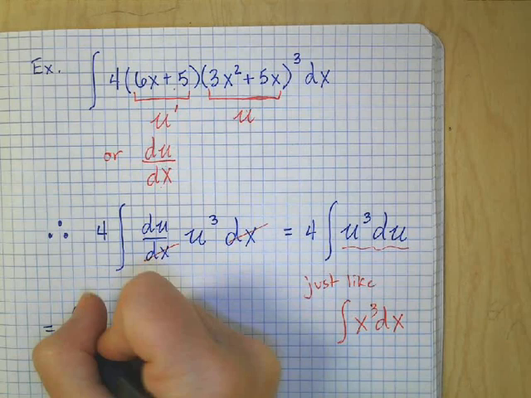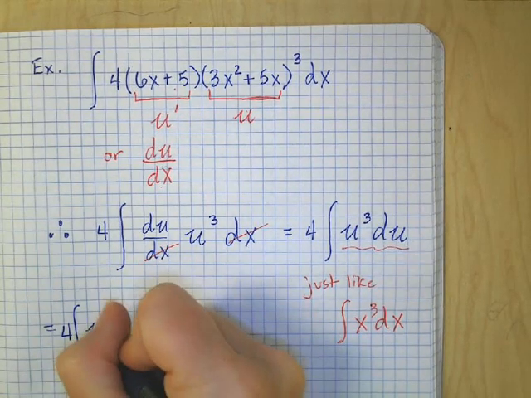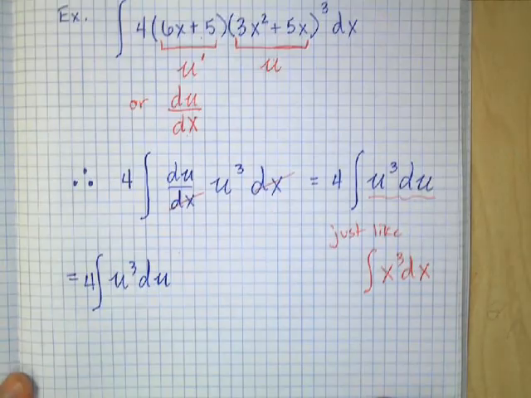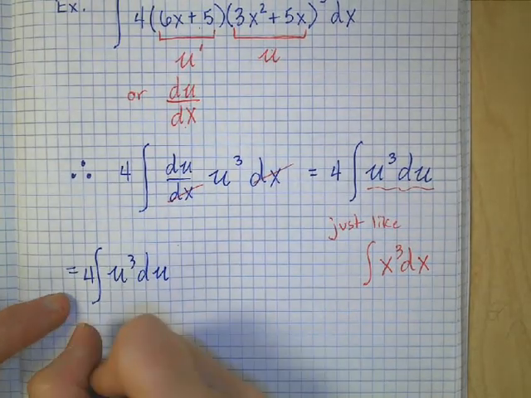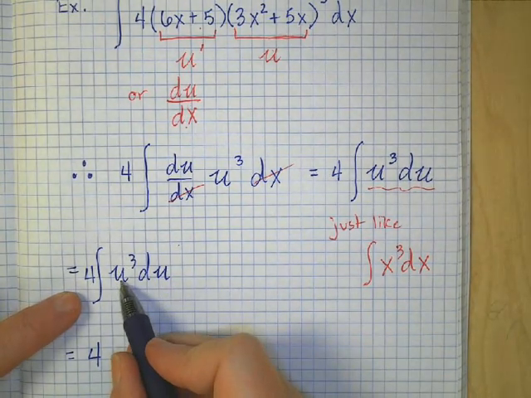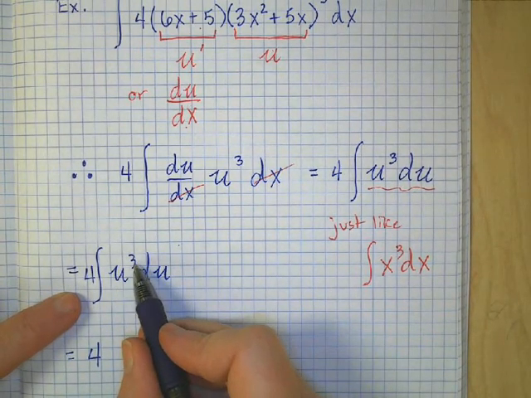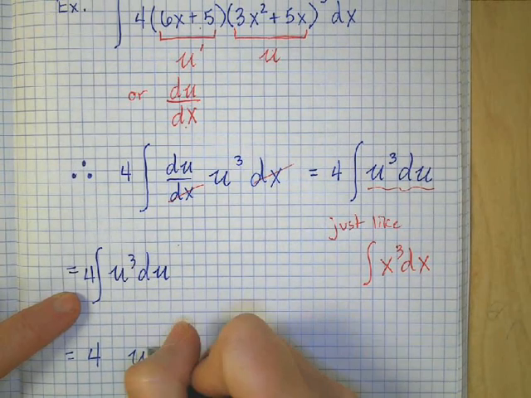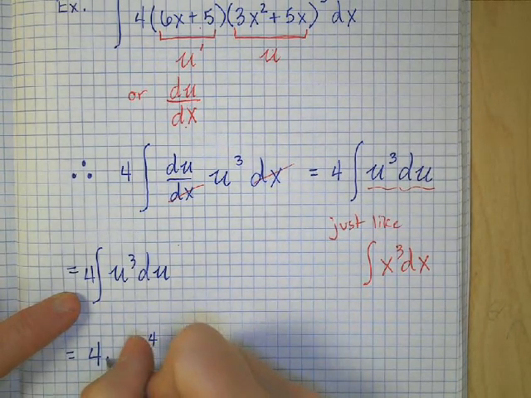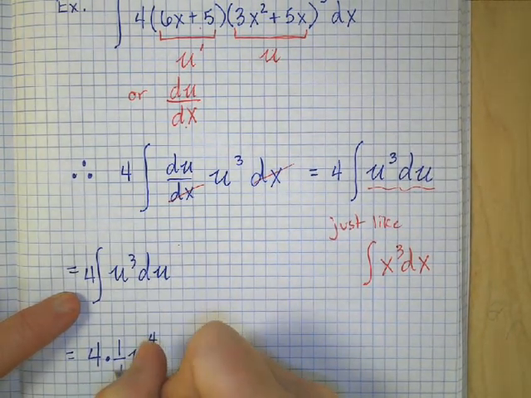We have 4 times the integral of u cubed du. So now we're going to take the antiderivative. So we are going to keep our 4, and then our antiderivative of u is we add 1 to the exponent, so it's going to be u to the 4th, and then we multiply by 1 over that exponent, so we're going to multiply by 1 over 4.